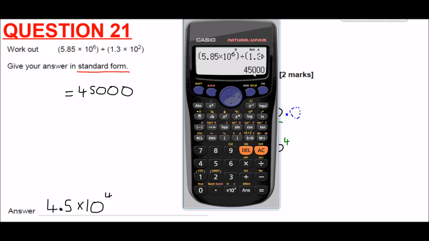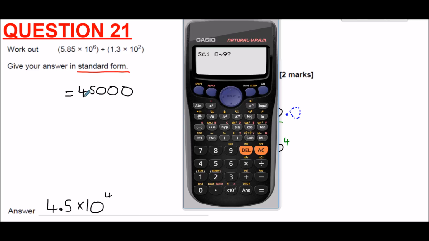But a calculator can tell you this. So if you get 45,000, notice here we've got two leading numbers that are non-zero. So that can be thought of as being two significant figures. 1, 2. If you press Shift and Mode, standard form is a scientific way of writing a number. So we press 7 for scientific mode.